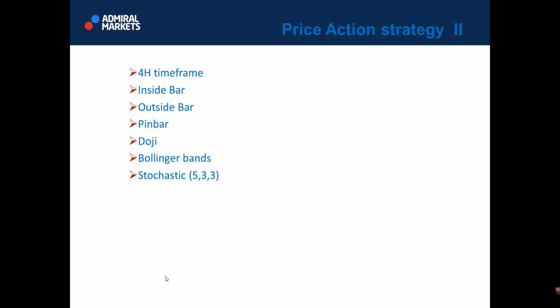As I say, this is not as simple, and in this series of webinars we go from the most simple to advanced and a little bit complicated methods. So next time there will be a more complicated method in price action strategy 3. But with this kind of price action, you want to exclusively trade inside bars, outside bars, pin bars, dojis, nothing else.